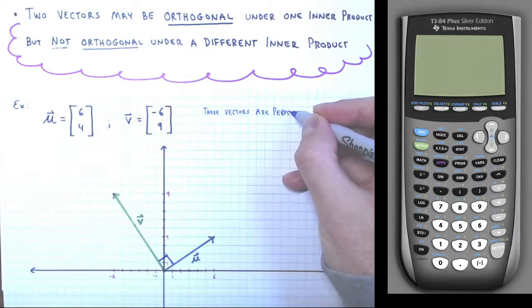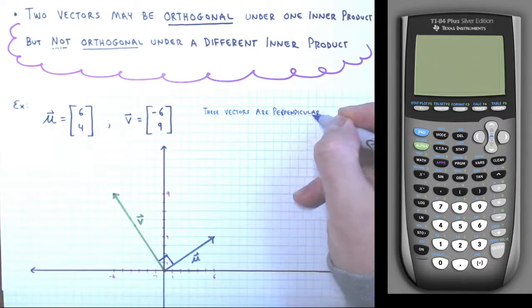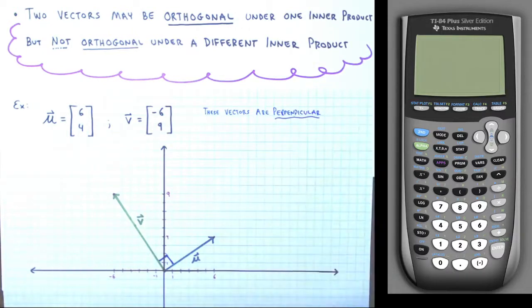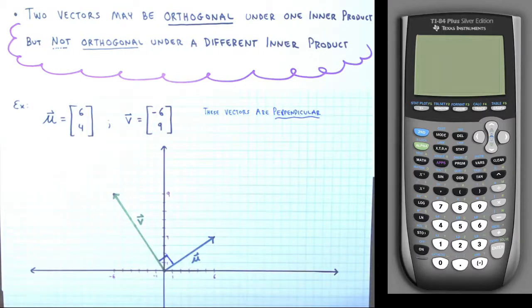They're perpendicular. But be careful, just because vectors are perpendicular in the usual sense of perpendicular doesn't mean that they're always orthogonal. Like I said at the top here, whether or not two vectors are orthogonal depends on how the inner product is defined on that vector space.